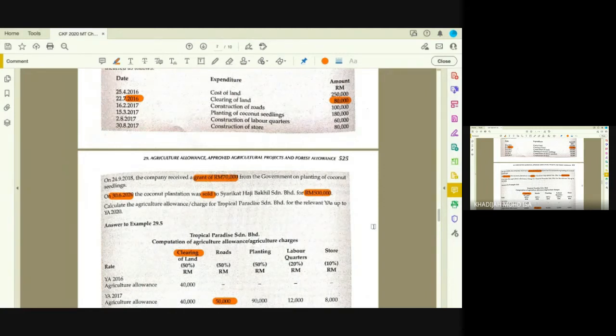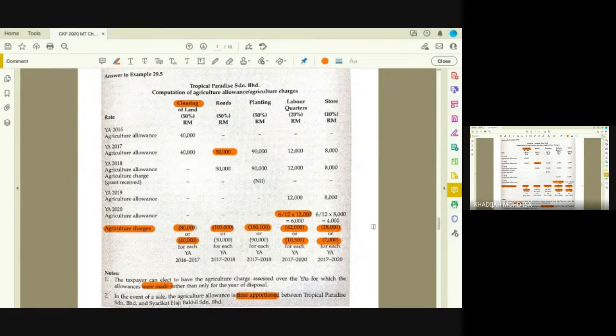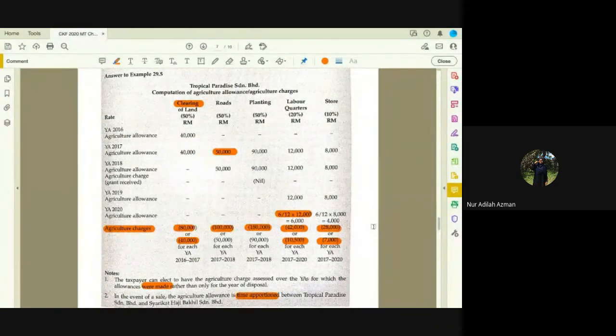Because even though you incurred only in July, you claim the whole year, 50%. You do not apportion. But when there's a disposal, then only you apportion. Do you get that? Alright, okay. Thank you, madam.